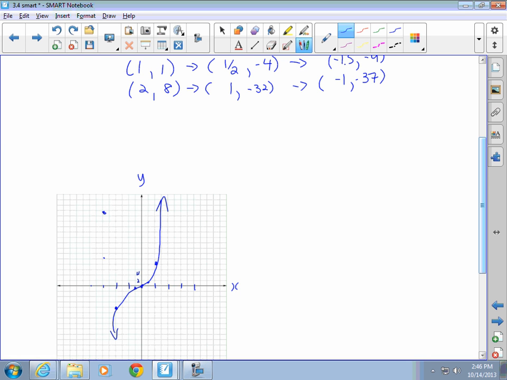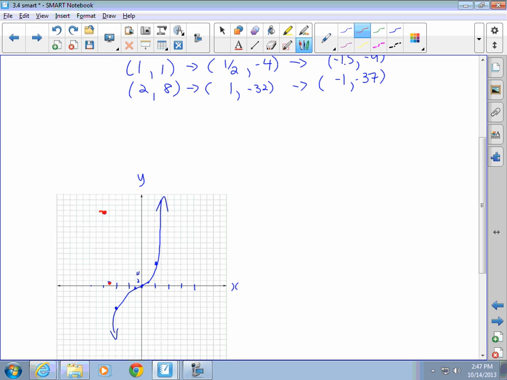So -2.5 and -1 is right there. Just gonna take that dot where I paused. I should be doing these in red, sorry. That's a bad dot, but okay.